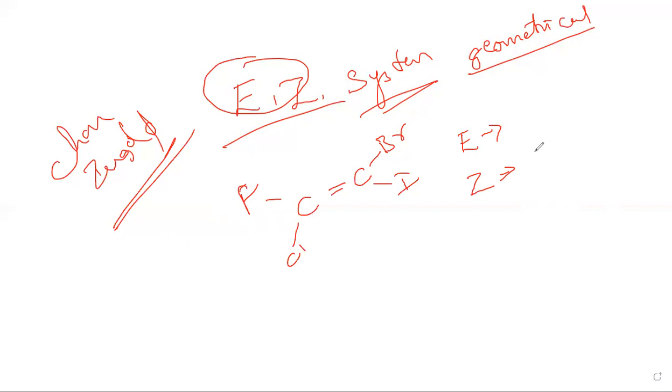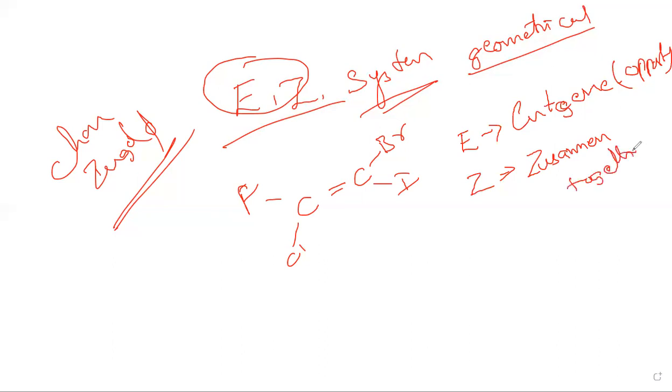E is entgegen, meaning opposite. Together means same side. Entgegen means opposite side.